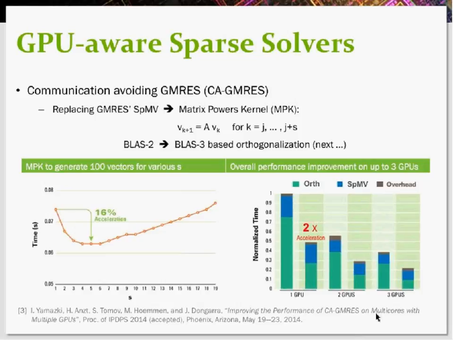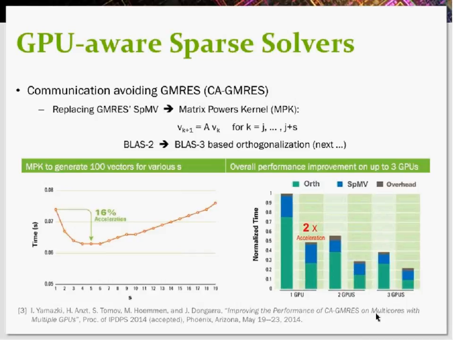So the idea is to have a power kernel to reuse some of this data: load your matrix A in fast memory, multiply with the vector, get the resulting vector and apply again and again several times.